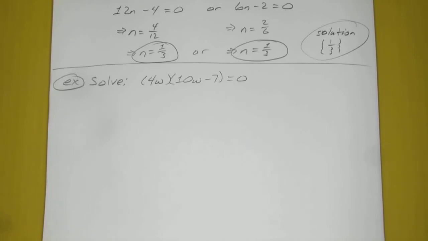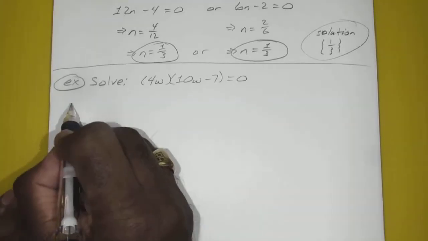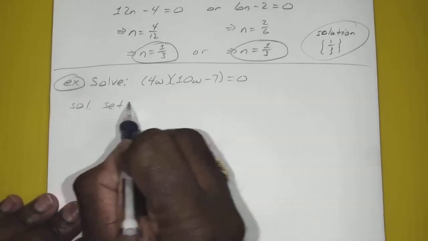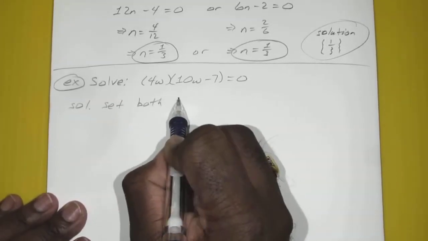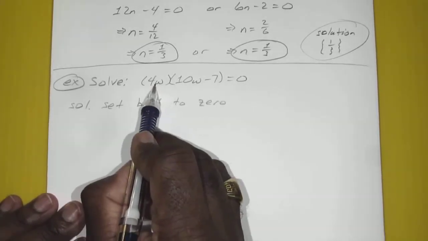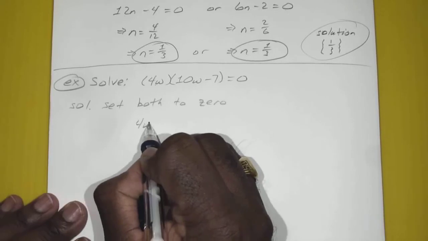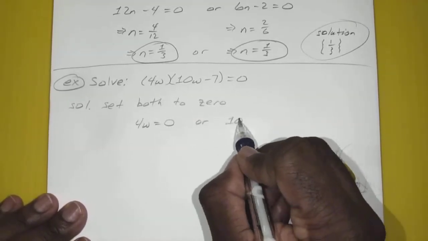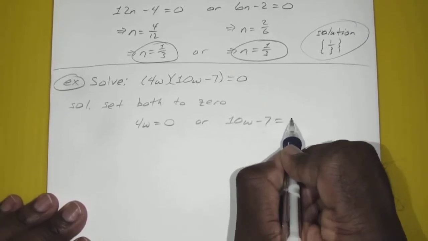Just like before, we set both of them to 0. So that means you could have 4w equals 0, or 10w minus 7 equals 0.